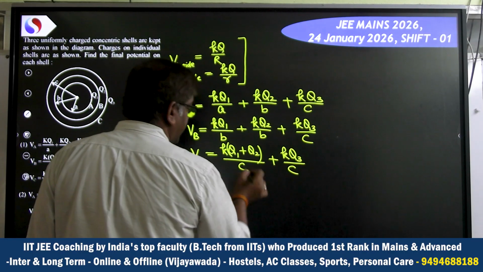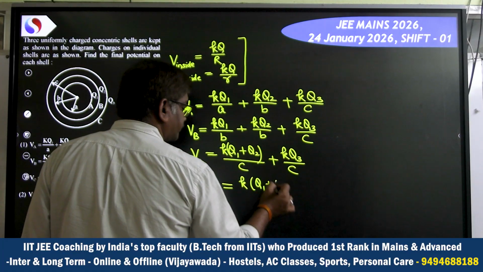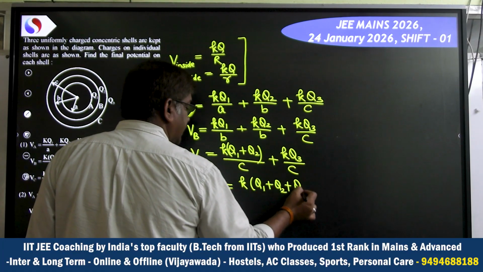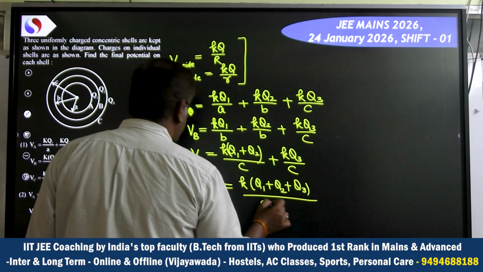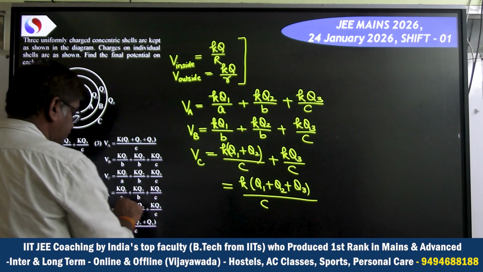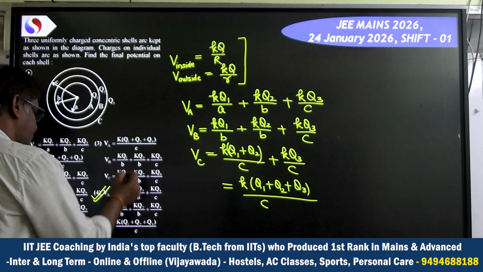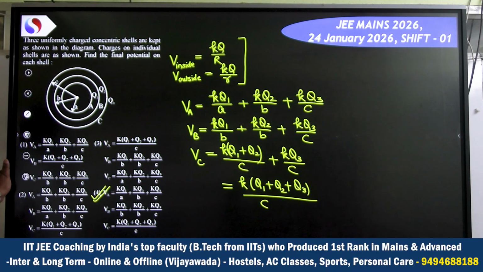So we can write this as K(Q1 plus Q2 plus Q3) by C. That is the potential. Now you can check it. The first one is ABC, the second is BBC, and the third is C. So it's option 4. Okay, a moderate question.